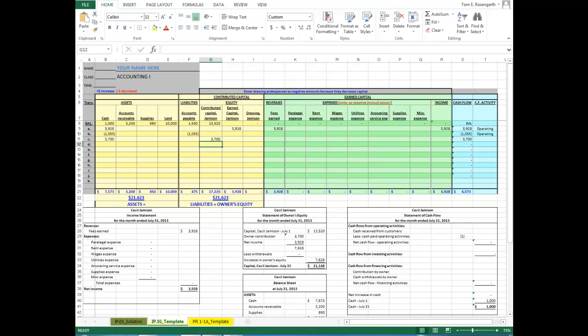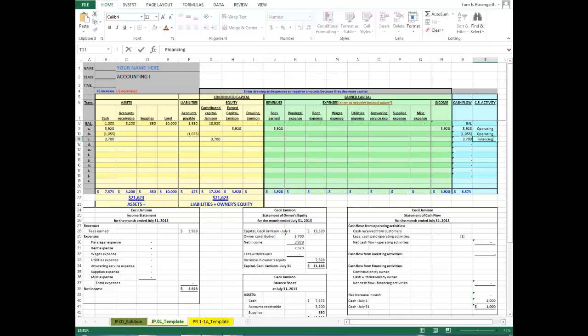Because the change in assets, $3,700, equals the change in owner's equity, $3,700, the accounting equation balances, and we are complete with the financial effects of this transaction, with the exception of categorizing the cash flow. Because this is a receipt from Cecil Jameson, the owner, this is contributed capital as a financing source, and it will be classified as a financing source of cash.